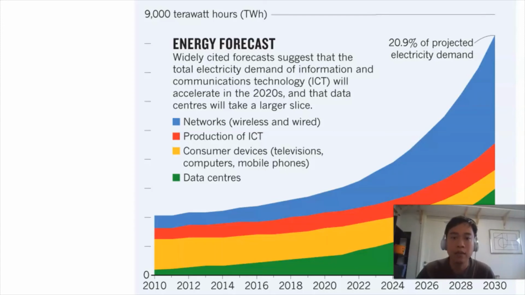Even though production of IT and consumer devices do not consume as much electricity as the other two parts, it is also a significant part. So we will go through all of this.